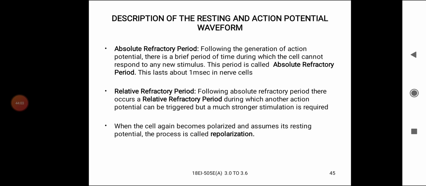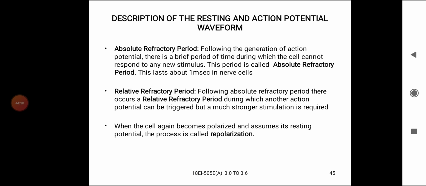Absolute refractory period. Following the generation of an action potential, there is a brief period of time during which the cell cannot respond to any new stimulus. This period is called the absolute refractory period. This lasts about 1 millisecond in nerve cells. Relative refractory period.